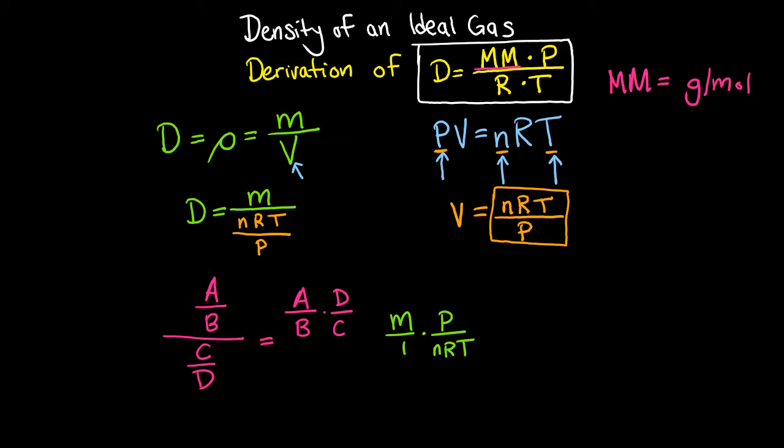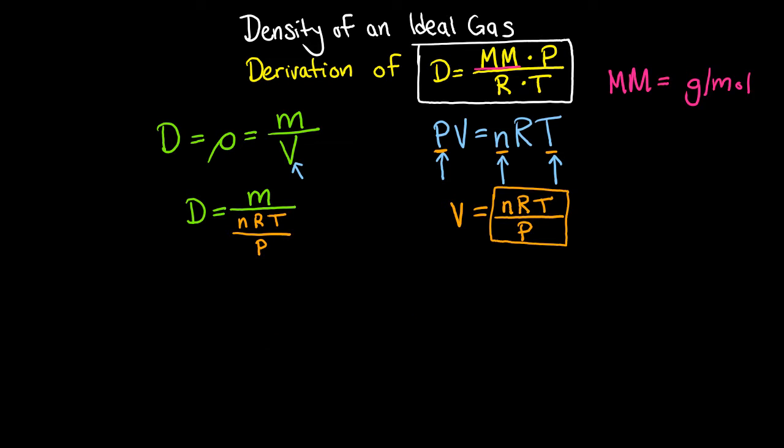So the mass and the pressure will both be numerators, and nRT will be the denominator. Rewritten, the density equals the mass times the pressure divided by the number of moles times the ideal gas constant times T.